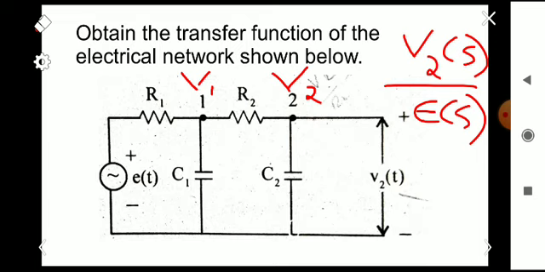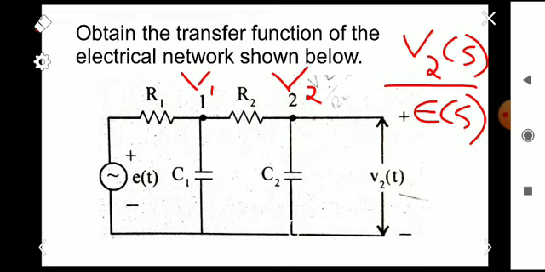So based on Kirchhoff's current law, the current flowing through this resistor R1 can be written as V1 minus E of t by R1. Okay, V1 minus E by R1.